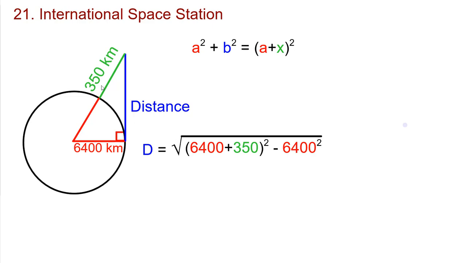All right, so what's this distance? Well, if the radius of the Earth is 6,400 kilometers, then think about what 350 is with respect to that. It's going to be about, I believe, 5% of that length. So if we actually mark this to scale, it's only going to be about this high above the Earth, about right there.